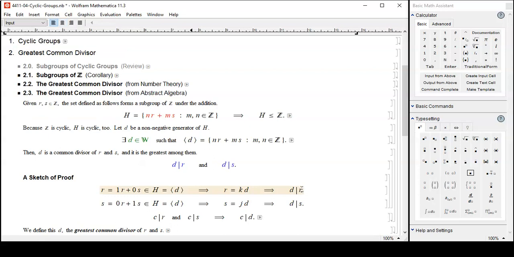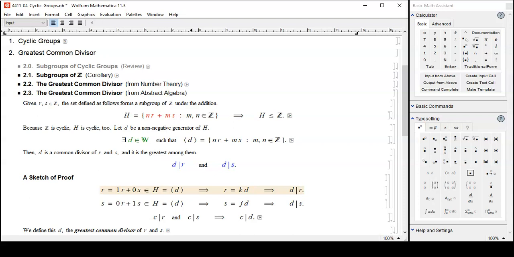Do you see that? R is 1r plus 0s, so it belongs to this set, and that's generated by d. So R is something times d, k times d for instance, so d divides R.